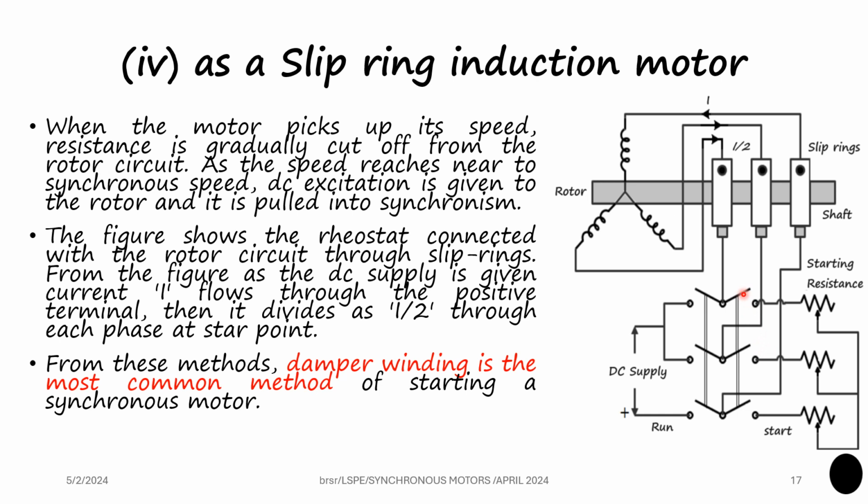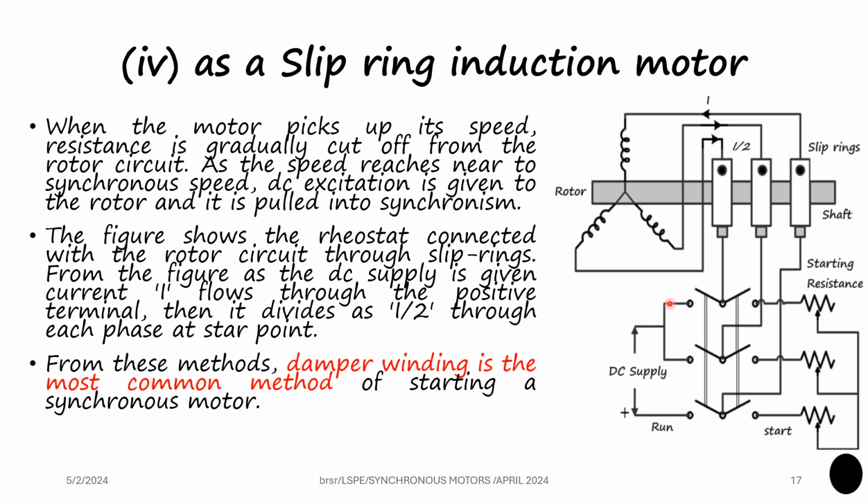Initially, a very high value of resistances is included in the rotor circuit when the switch is put on the right side. Because of the high value of resistances present in the rotor circuit, the rotor will start at a low speed. Gradually the resistances are cut off, the speed increases, and when it reaches a nearly synchronous speed, the rotor is given a DC excitation by throwing the switch on the left side.